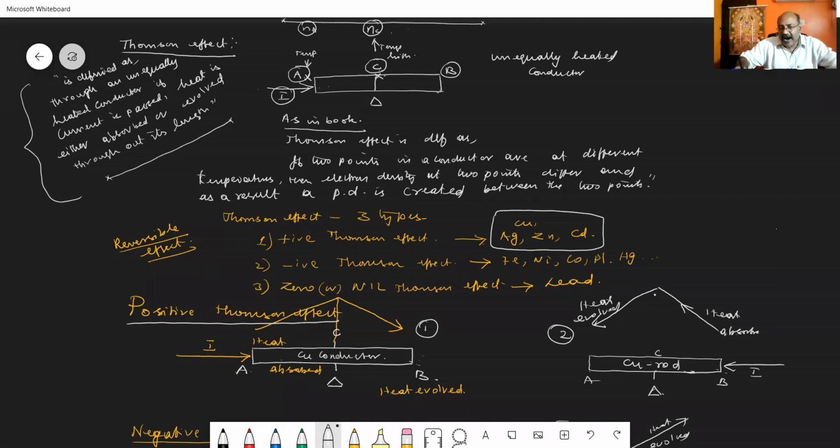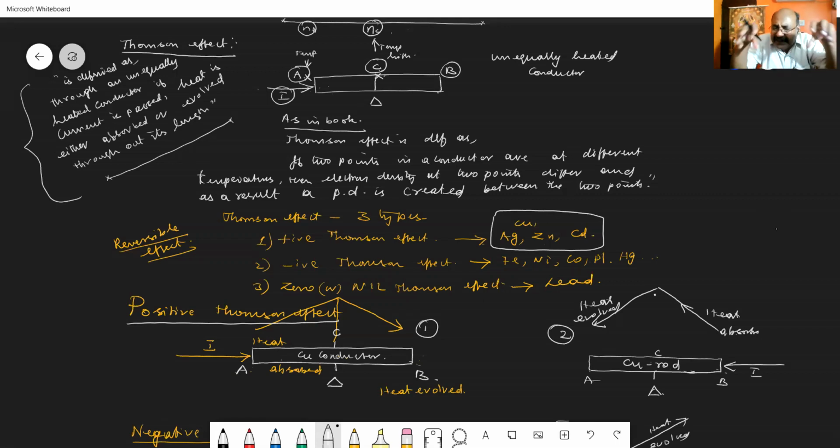The same concept. You have to consider a conductor and take 2 points of the conductor, and the 2 points are at 2 different temperatures. Due to the change in temperature, the number of electrons per unit volume, called electron density, at those points will be different. The electron density will be higher where the temperature is higher, and less where the temperature is less.